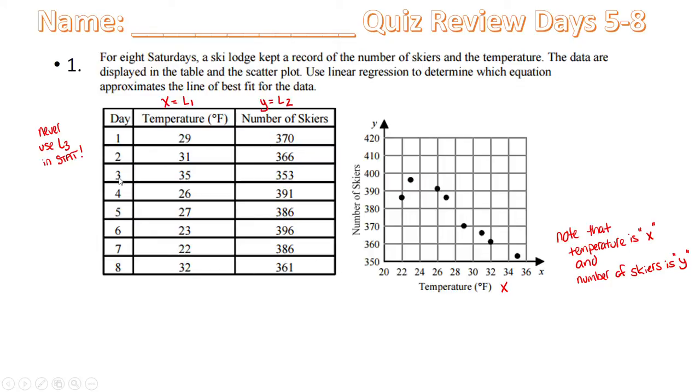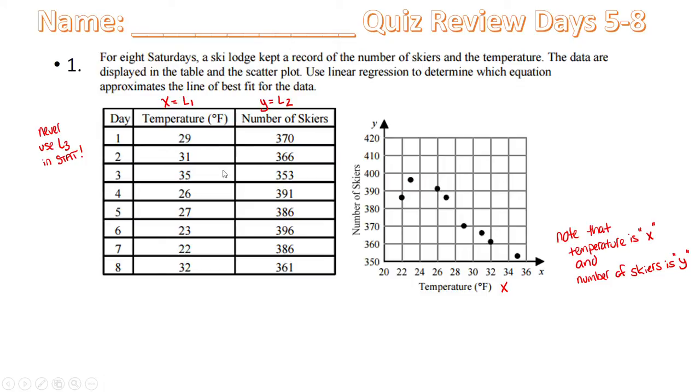That means only use temperature and number of skiers in my L1, L2. You never want to type in 3 columns of data. That will never work for linear regression.